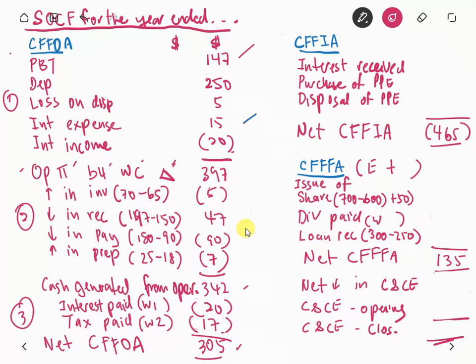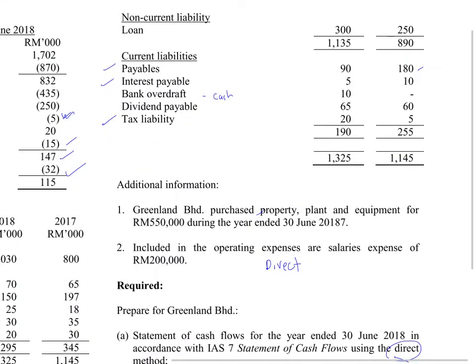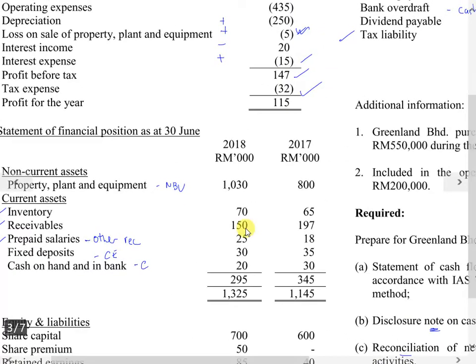So, do we have interest income? Yes, we have already deducted it. We must calculate how much we actually receive. Same concept: do I have opening and closing for interest receivable? Note, there's no interest receivable, opening or closing. In our SFP, we do not have interest receivable, meaning no opening, no closing.